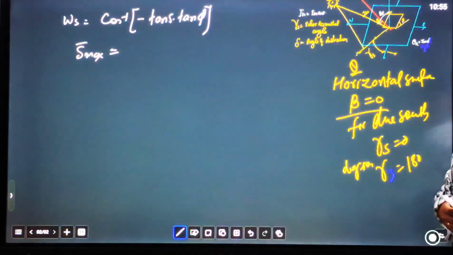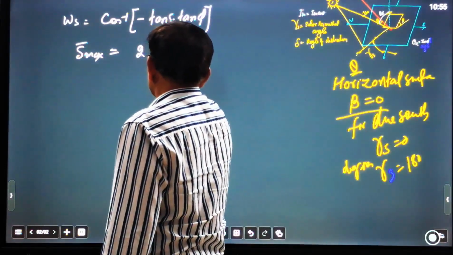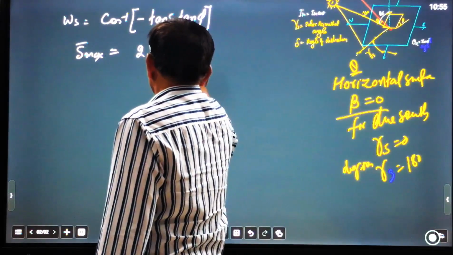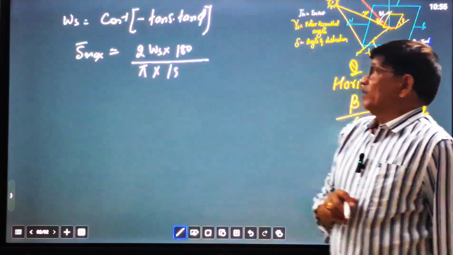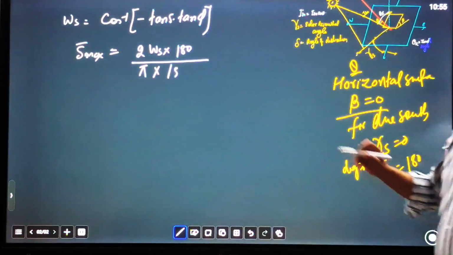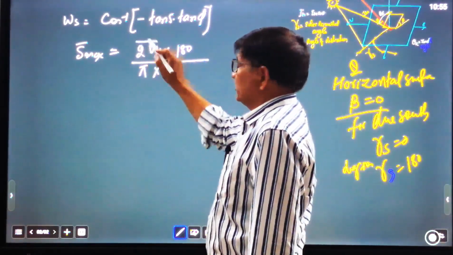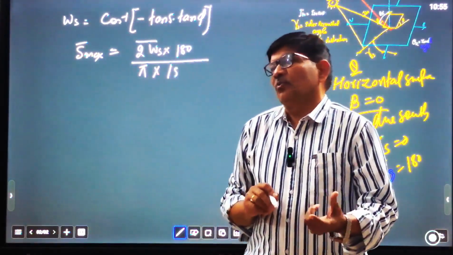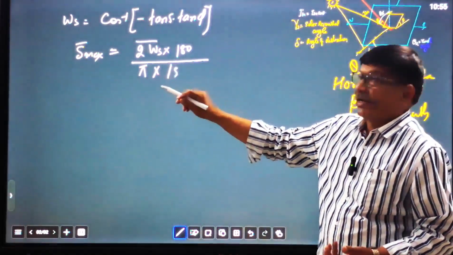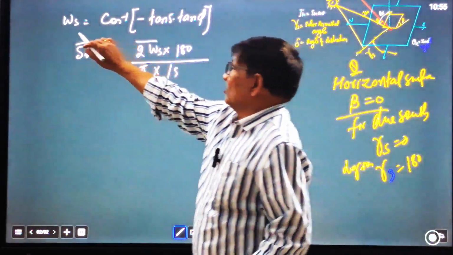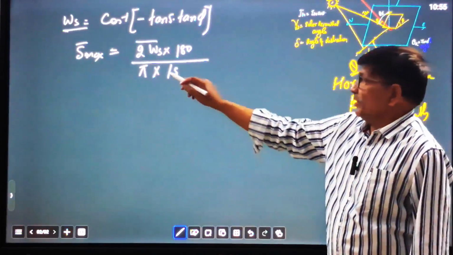S maximum equal to 2 times omega s into 180 upon pi into 15. The 180 by pi applies if omega is in radians. And multiplying by 2 is because we have calculated this equation only for morning to noon, and from noon to evening we have to multiply.